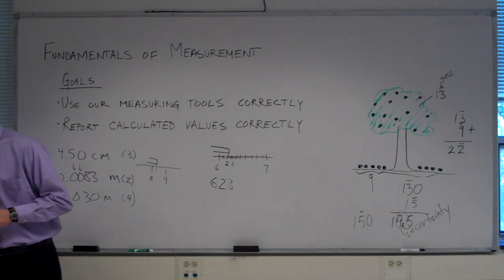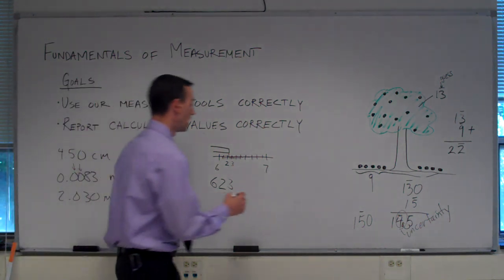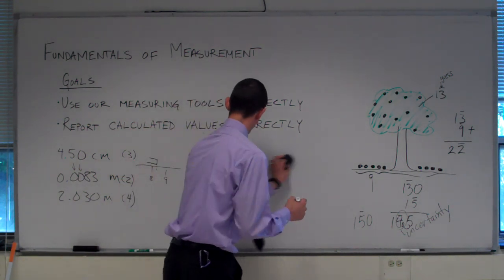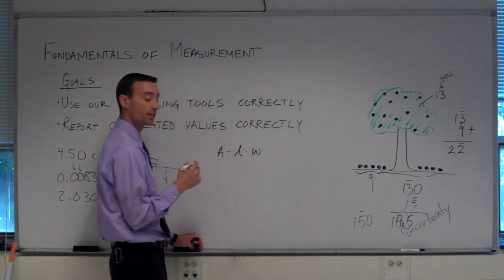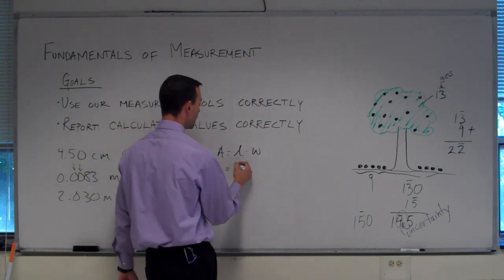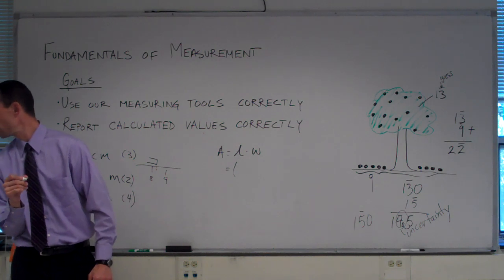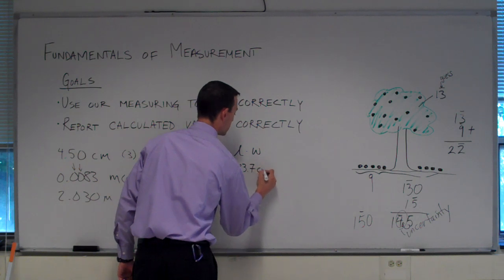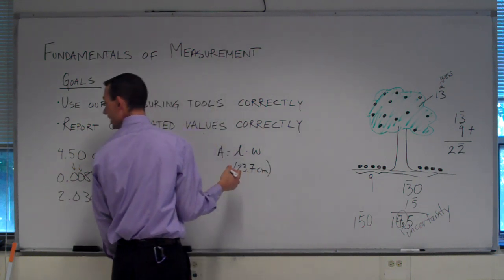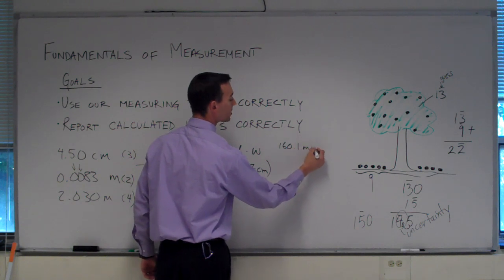Our last pre-lab question, let's calculate an area again. We have an area, which will be our length times our width, just like we did with our rectangle earlier. The length of our object is 23.7 centimeters. The width is 160.1 millimeters.